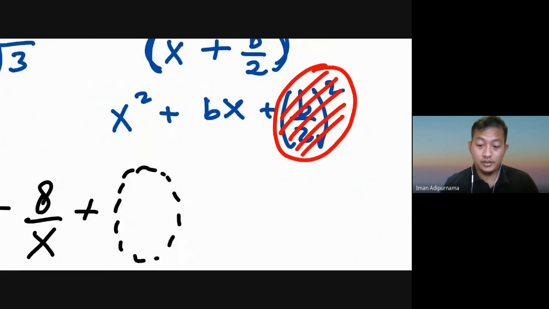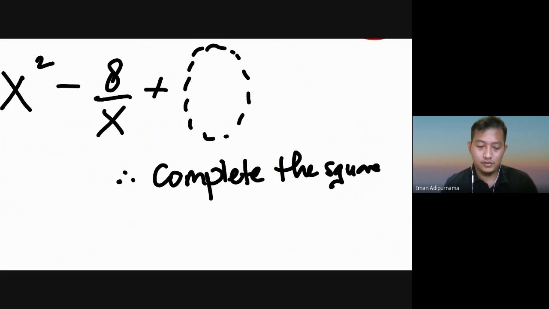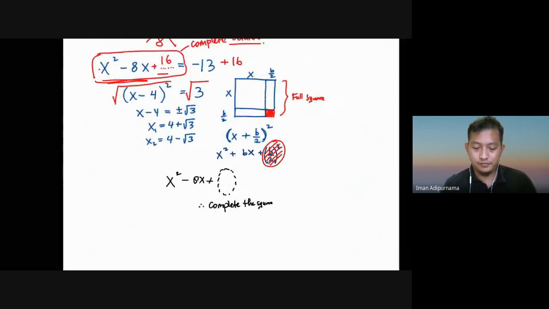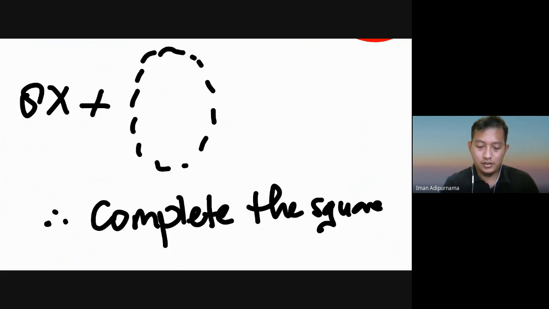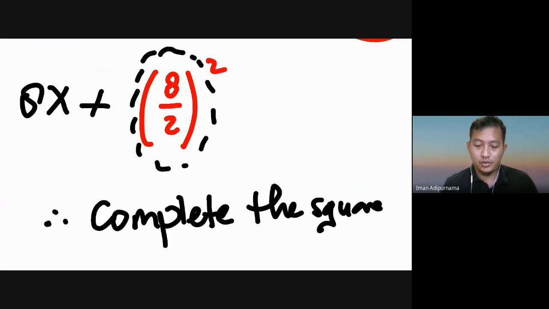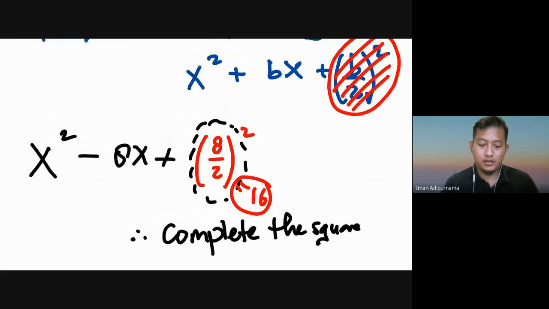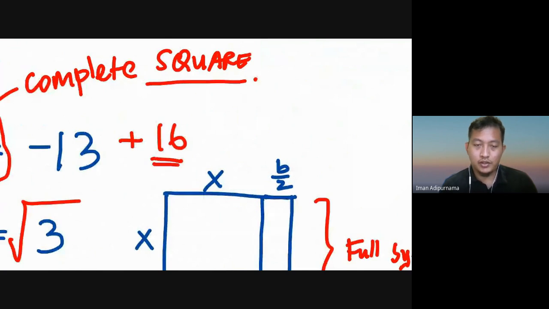That's why it's called complete square. And this is basically 8 over 2 squared, and that's why we get the 16 from here. Okay, and of course, because we add 16 on the left side, we add also 16 on the right.